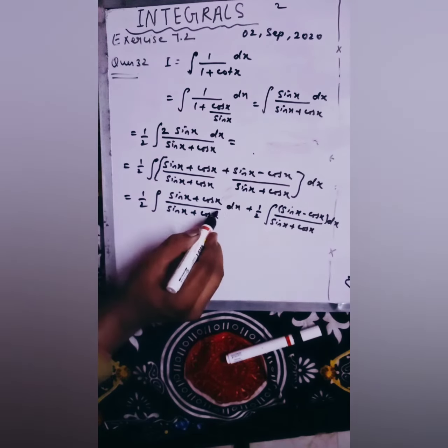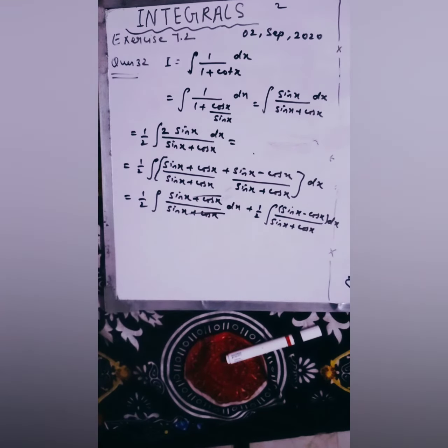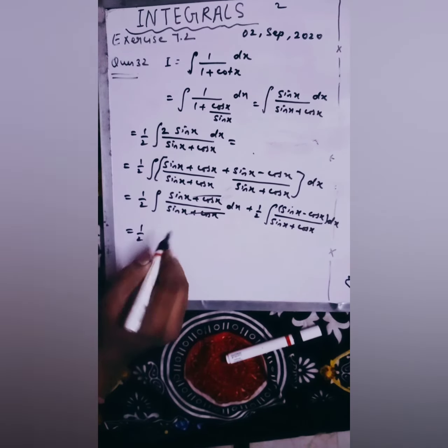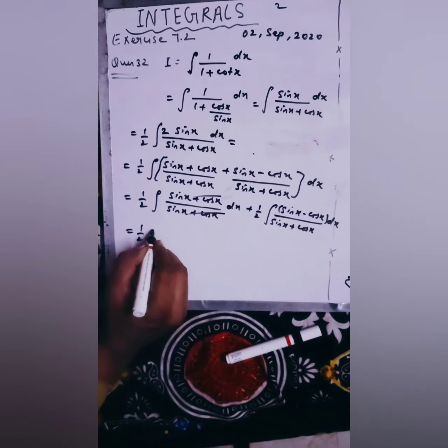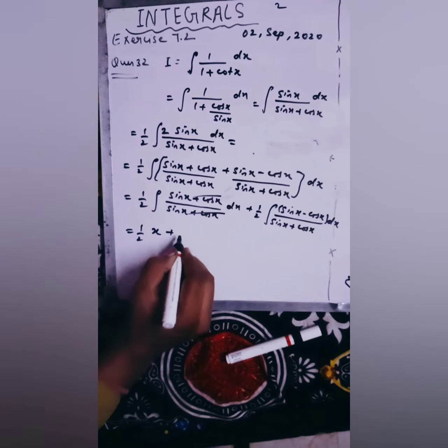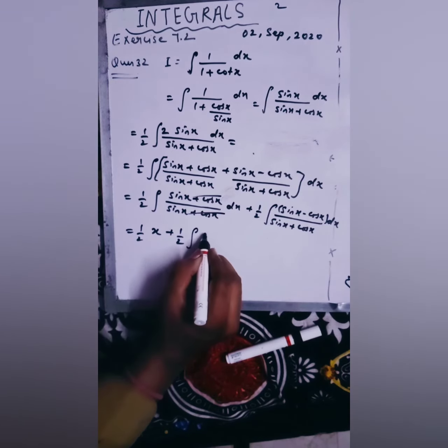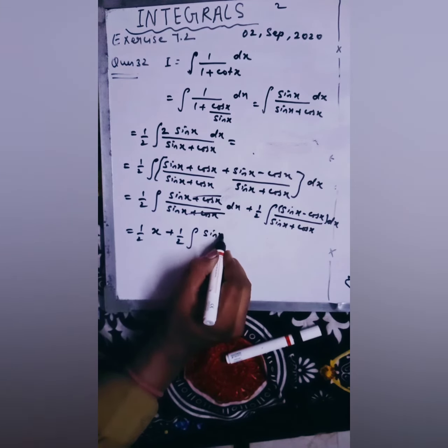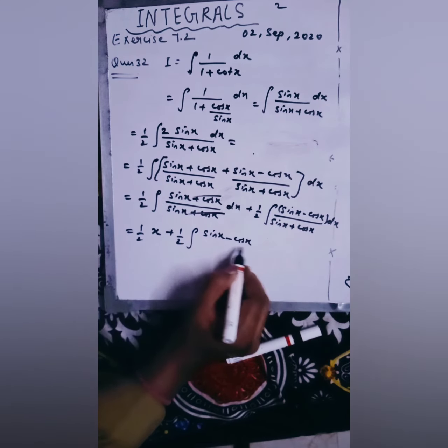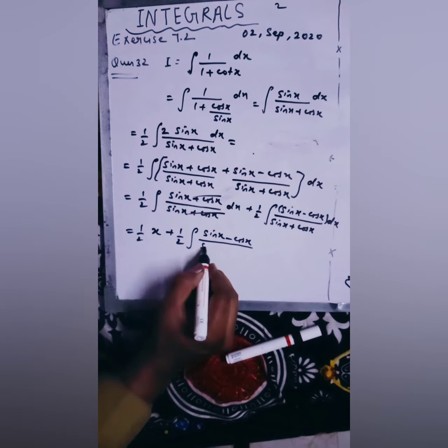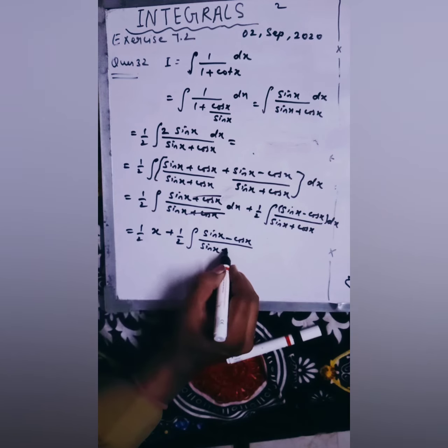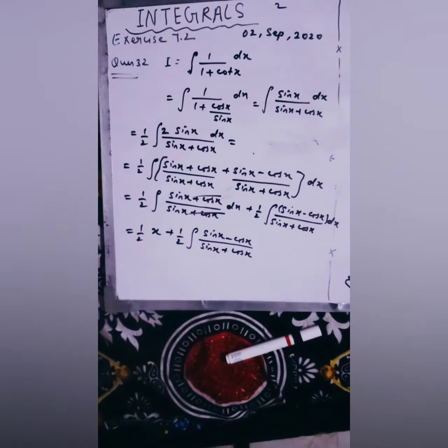Got it? As you can see, the first is the same in numerator and denominator, so you can cancel them. So here you will get the integration of dx only, that is x, plus half integration of sin x minus cos x over sin x plus cos x. Got it?